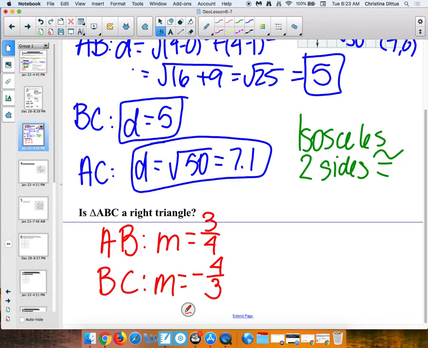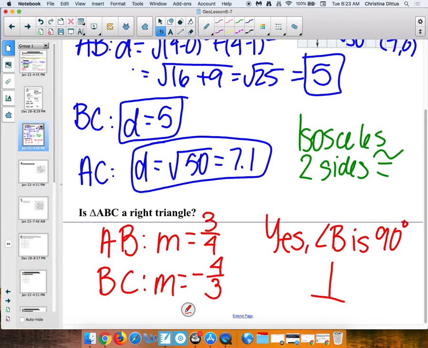Because they're opposite reciprocals. So, yes, it is a right angle, right triangle. Angle B is 90 degrees. Or you can say perpendicular. Okay. Questions on that one?